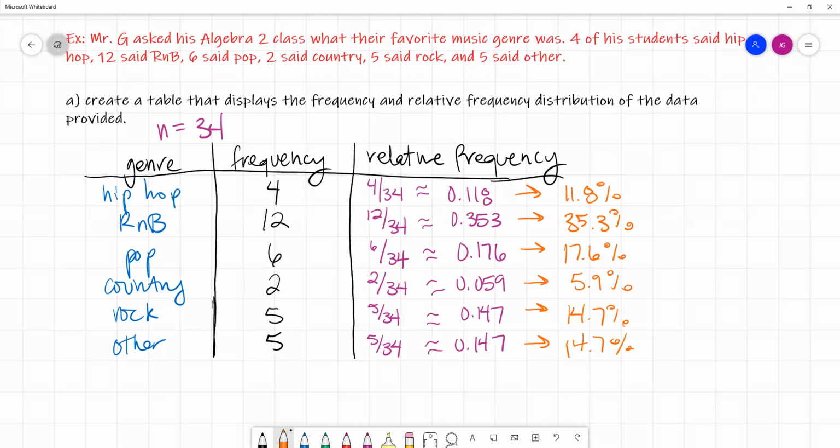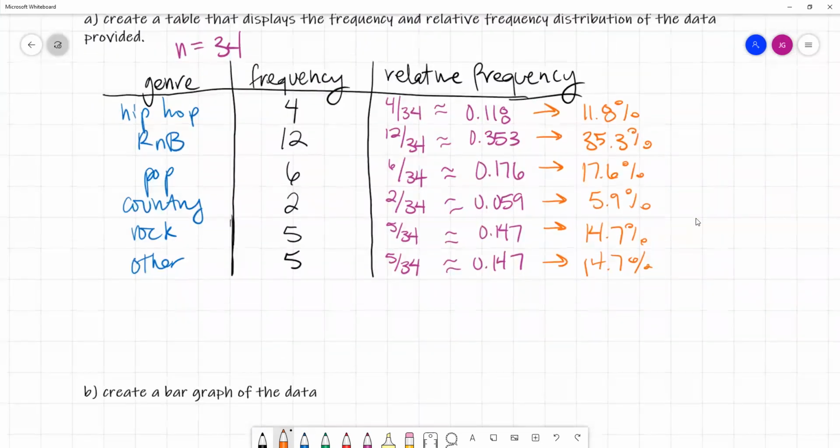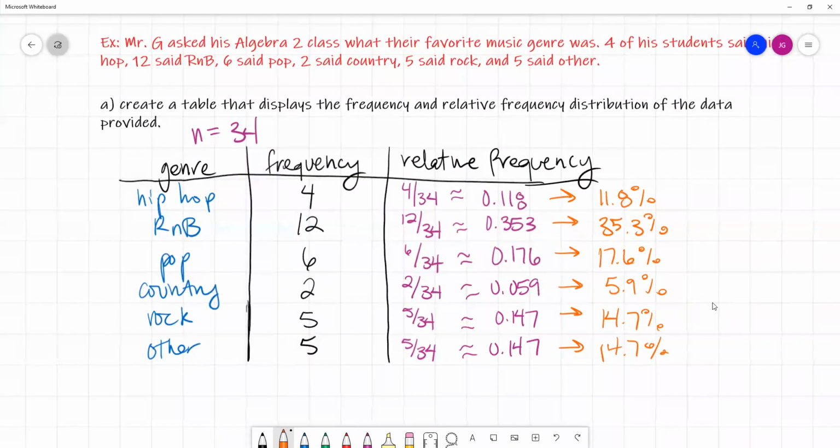This is going to be important when we do our pie chart in a little bit. Even though I said it was optional, it might be worth your while to go all the way to percentage as well. So here is our frequency and relative frequency distribution.